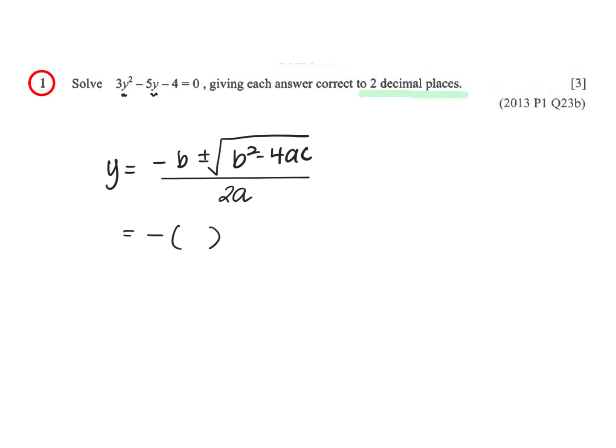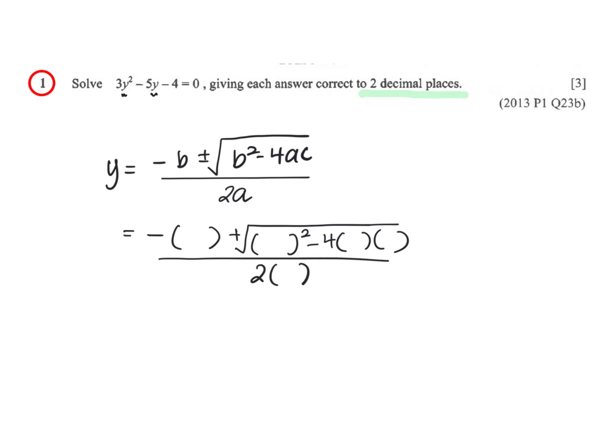Negative b, first answer is a positive answer, square root b squared minus 4ac over 2a.